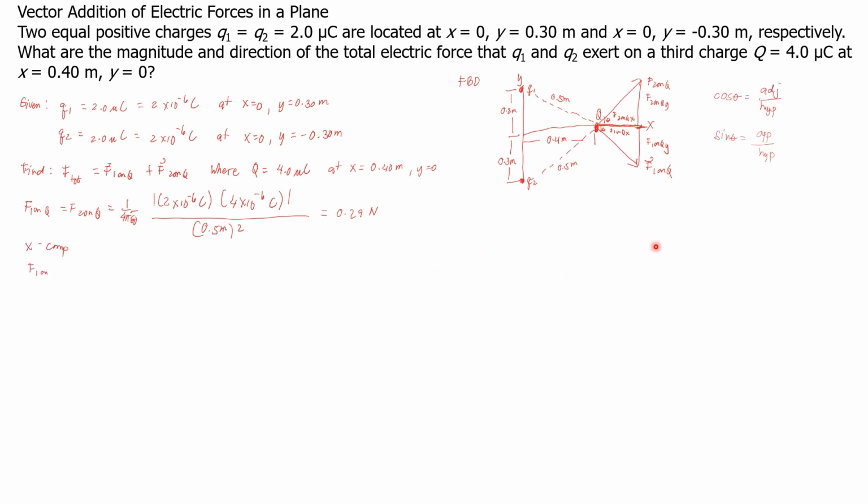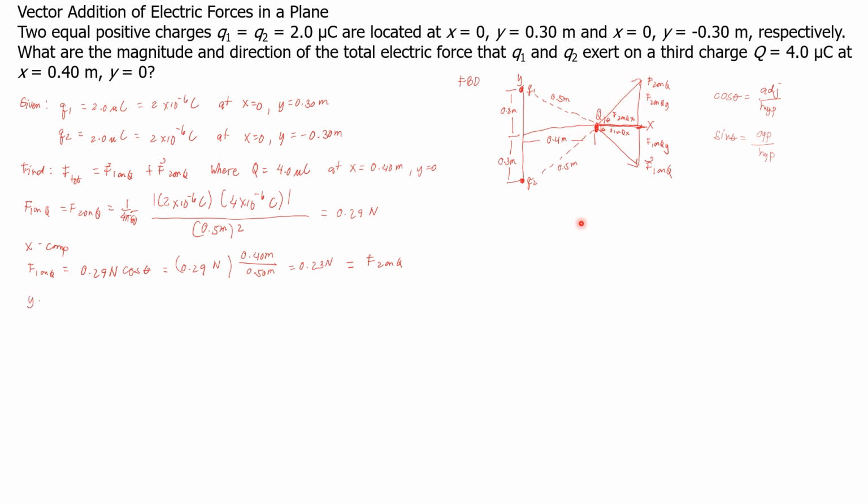So we need to recall again the trigonometric functions, cosine and sine. As you recall, cosine theta is the adjacent over the hypotenuse. If we have theta here, the adjacent side of the angle is x, and the hypotenuse is the F1 on Q. For sine theta, the opposite side is the y component, and the hypotenuse is this vector.